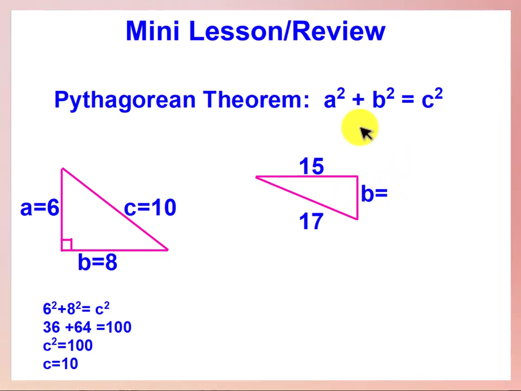Now let's move on to the second triangle. We have to have an indication that this is a right angle. So let me draw that little square corner here. With that square corner, we can see that 15 and B are the two legs. I've just chosen B to be the missing leg.